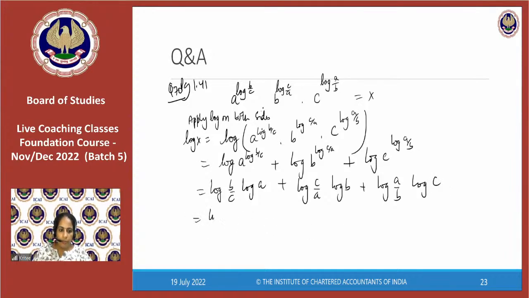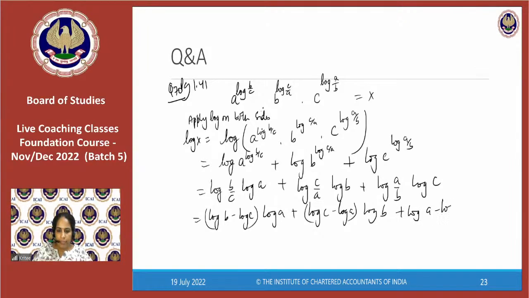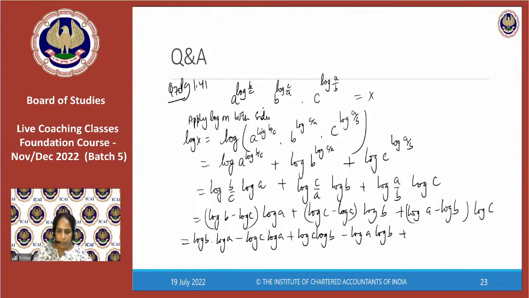Okay, log b by c can be written as log b minus log c into log a plus log c minus log a into log b plus log a minus log b into log c. Open the brackets, log b into log a minus log c into log a plus log c into log b minus log a into log b plus log a into log c minus log b into log c.